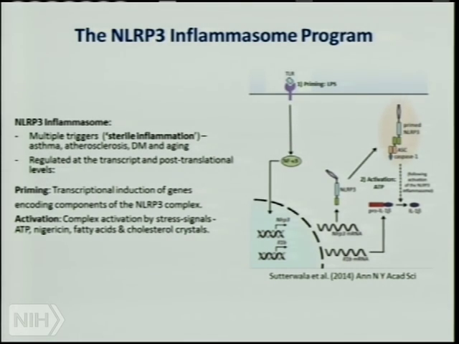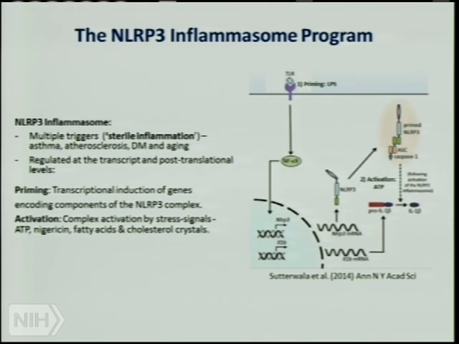The transcript level is defined as the priming of the inflammasome, and that can be mimicked in a model system by using lipopolysaccharide, which binds to the toll-like receptor, activates NF-kappa B, and induces NLRP3 and IL-1 beta transcripts to generate the proteins.